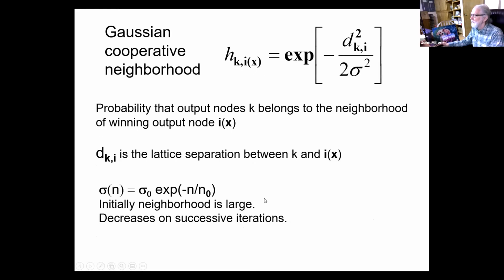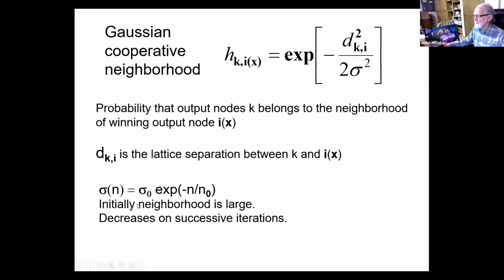Well, the neighborhood around the winner actually changes with iteration according to this Gaussian formula. That is to say, the basic size of the neighborhood in terms of distance on the array is given by this e to the minus the square of the distance between element k and i divided by 2 sigma squared, which is the parameter of this Gaussian distribution.